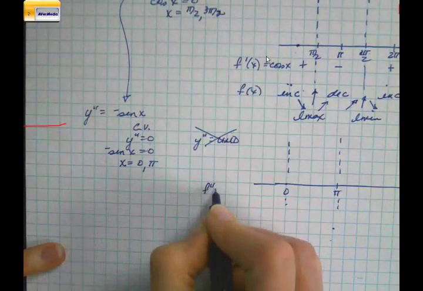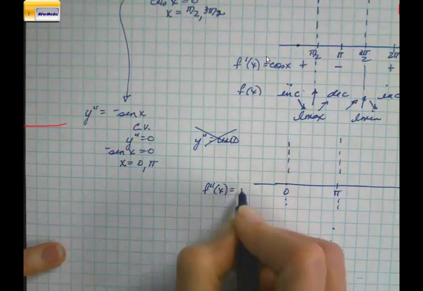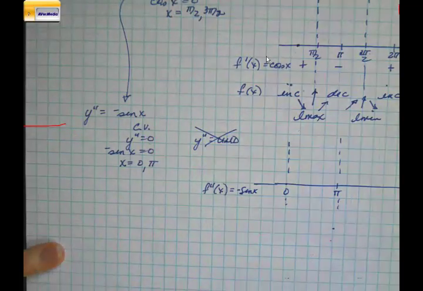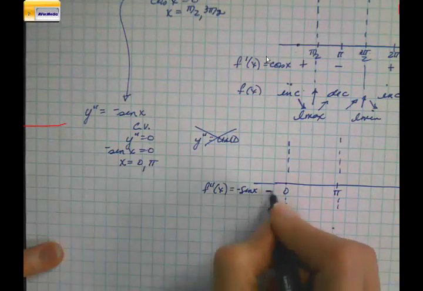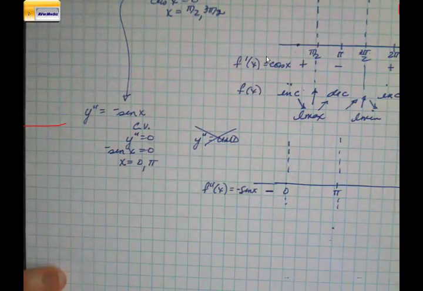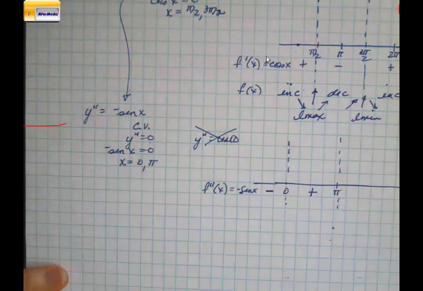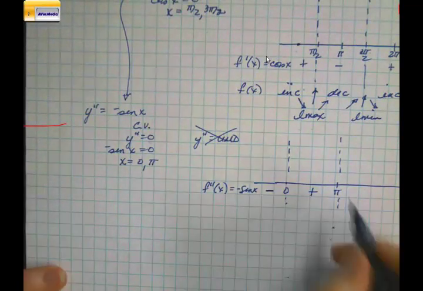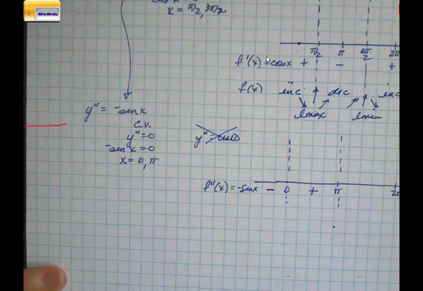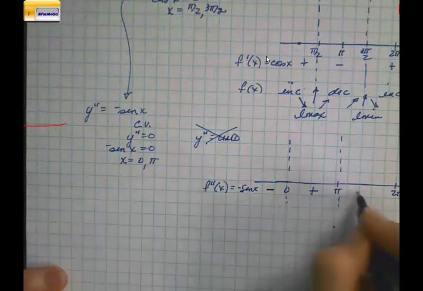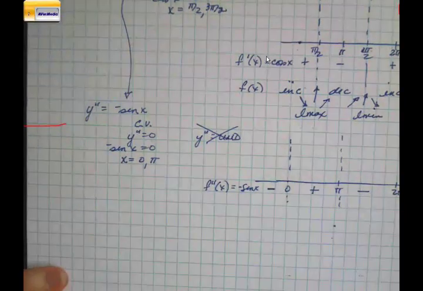This is your second derivative. You're thinking concavity. If you're to the left of 0, you are in quadrant 4, and the sine function in quadrant 4 is negative. Between 0 and pi, you're in quadrants 1 and 2, and sine is positive. Between pi and 2 pi, you are in quadrants 3 and 4, and sine is negative.